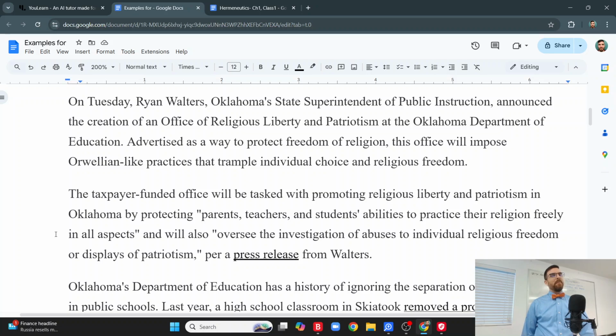1984, which is a classic text for dystopian government authoritarian control, and it's where we get the phrases like doublespeak and wrongthink, where the government has a heavy hand in practices that trample freedom essentially, and they use the power of the government to force people into thinking a certain way, and they use heavy propaganda throughout the entire book.